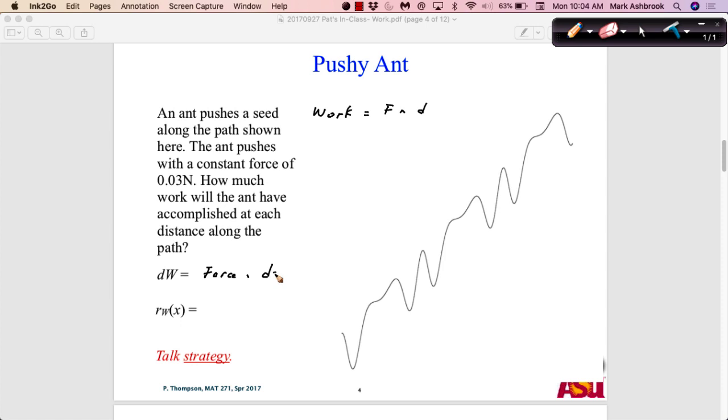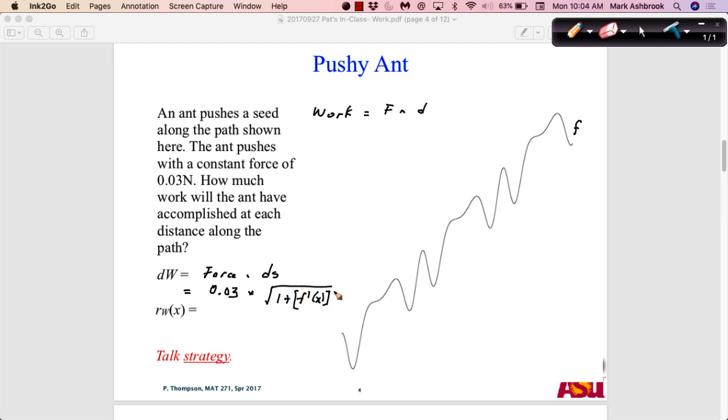And so then what is the force? It stays constant. We like that. And then what is ds? What is ds? Who remembers? Square root. I heard some square roots. Good. Square root of? Yeah, so if this was function f, it'd be the square root of 1 plus the derivative of the function squared.